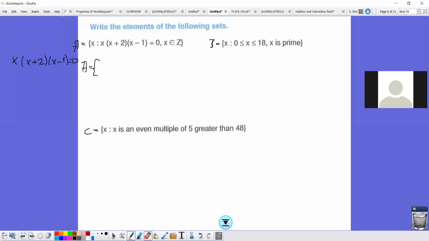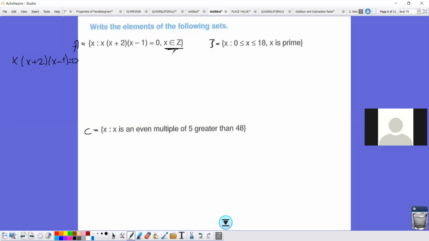Okay? And our set is made of these X values that will satisfy this equation, yes? X has to be an integer number, nothing else. Now here, you have the multiplication of 3 numbers, A times B times C, and they are equal to 0.